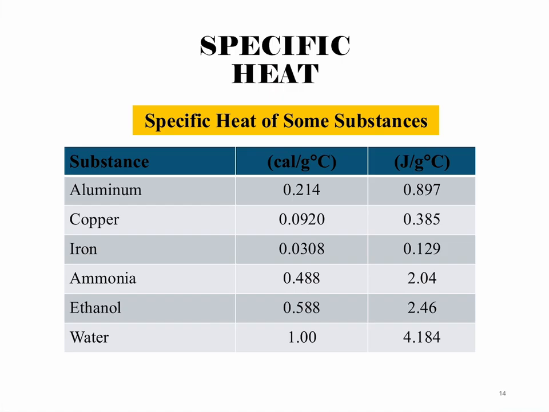And you know that these are all different molecules, they're solids, some are liquids. The values you calculate tell you for each of these how much energy is required. So this says you need 0.488 calories to raise 1 gram of ammonia by 1 degree Celsius is what this value is telling us.